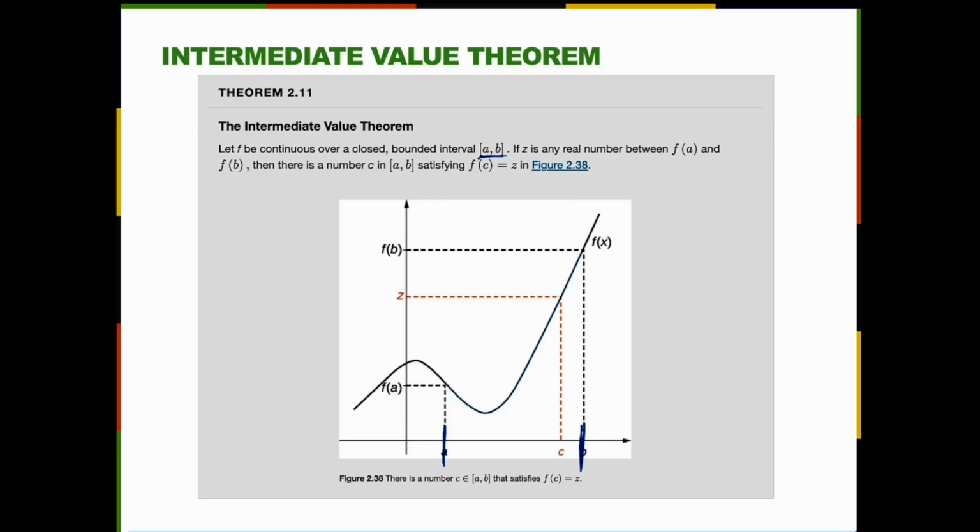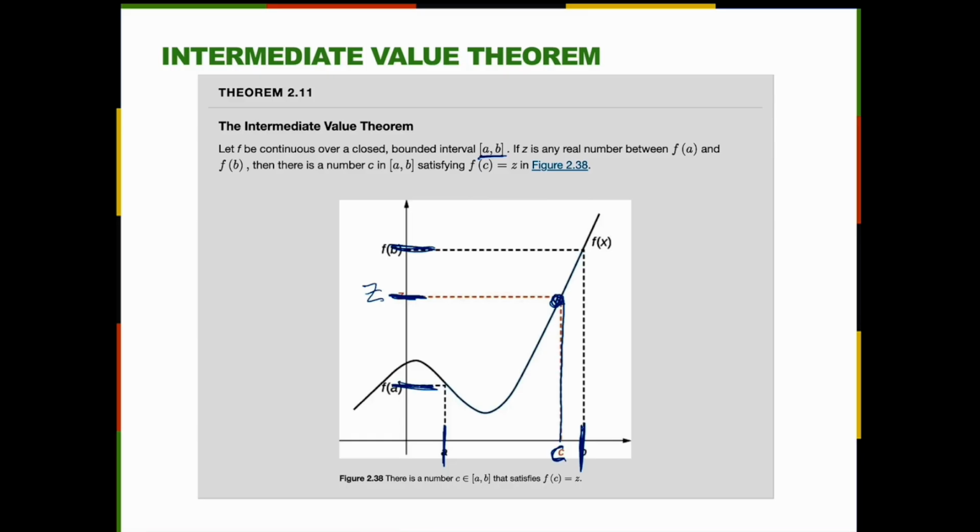And if z is any real number between f(a) and f(b), so here's f(a), here's f(b), if we have any y value labeled z in between the two corresponding y values for a and b, there has to exist a value for x at that point, and they're labeling it as c.